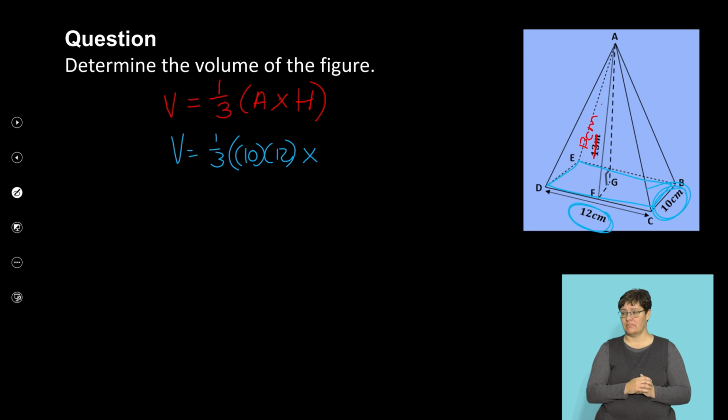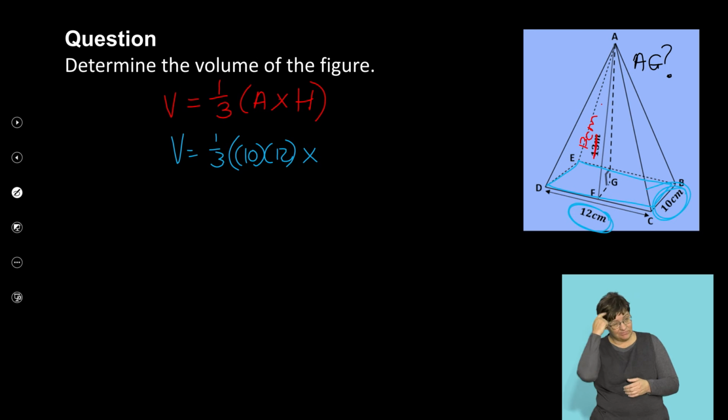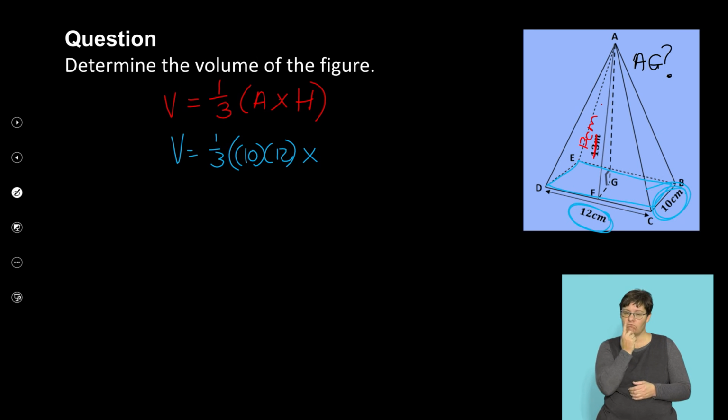And I do not have essentially AG. I want to know what AG is, because AG is my perpendicular height. The question is, how am I actually going to find AG? I'm hoping that everyone's going to have a bit of a think at home on if there's any way that I can actually find AG.